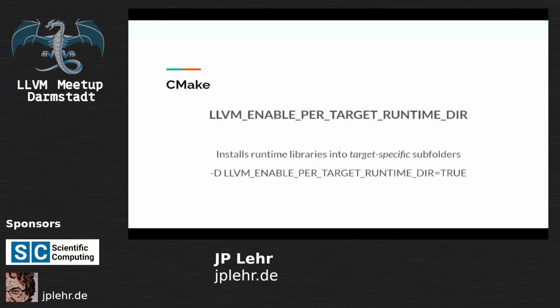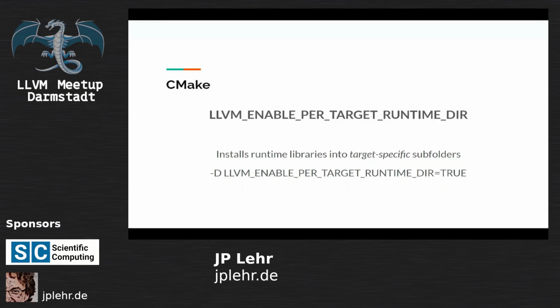And then there's an option that I just learned about two weeks ago: LLVM enable per target runtime dir. If you enable a runtime and set this to true, and I believe that's now the default, it will place every runtime library into lib, then slash, and then the host identifier like x86_64 Linux.